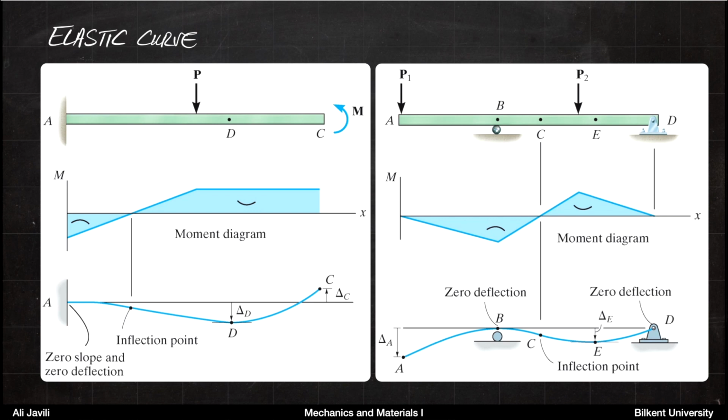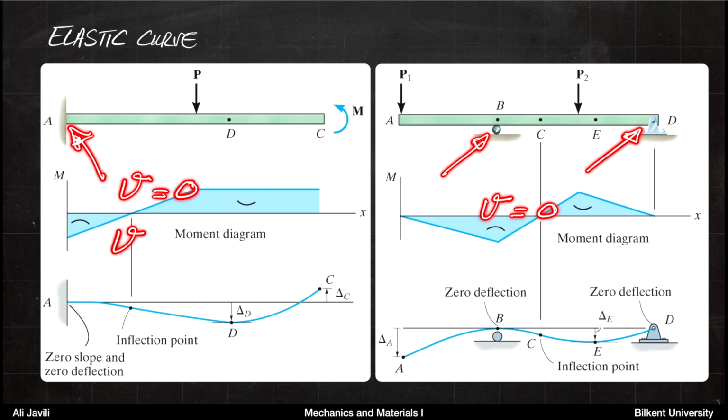Another important thing about the elastic curve is how to handle the boundary conditions. If you have pins or rollers, your boundary condition would be that the deflection is 0. But if you are dealing with a fixed support, with a clamped beam or a cantilevered beam, not only the deflection is 0, but also the derivative of the deflection is 0. The derivative of the deflection is basically the slope of the elastic curve.